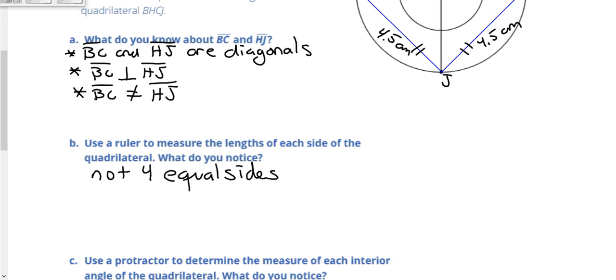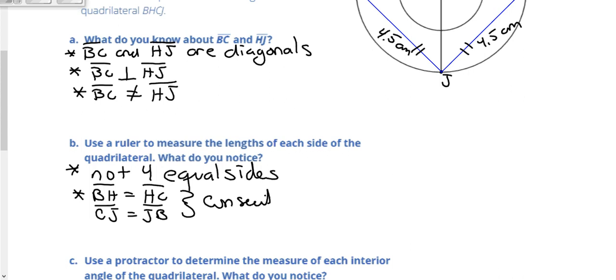BH is equal to HC, and CJ is equal to JB. So what this says is that consecutive sides are equal.